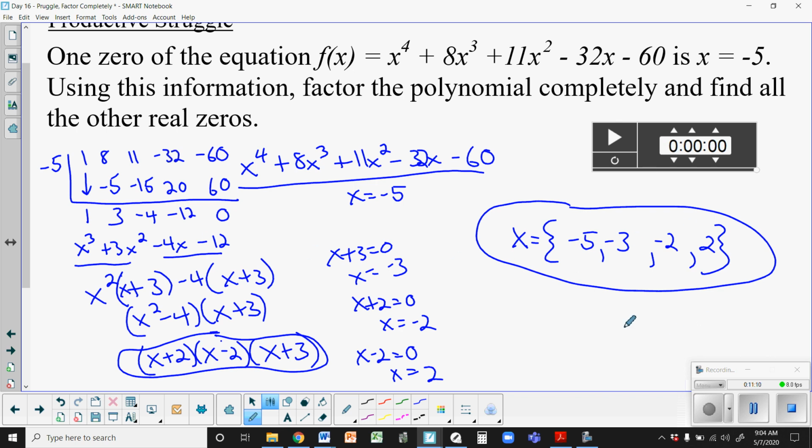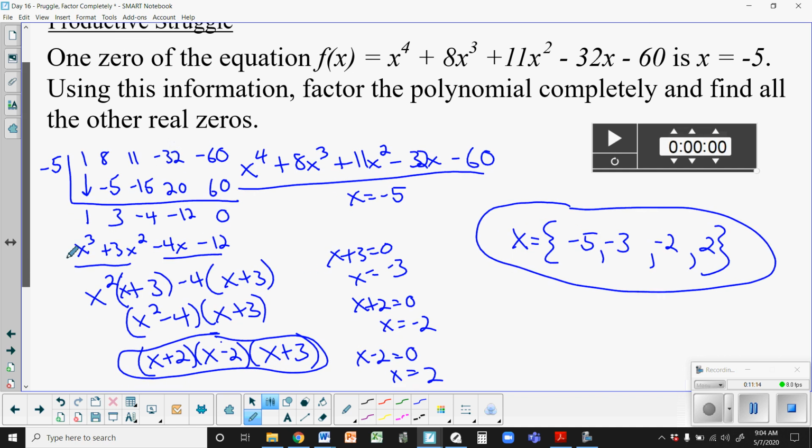So this is actually a way that we can solve things that we may not be able to factor. With 5 terms we couldn't factor, but since we were given the information that one zero was x equals -5, we can do synthetic division with that -5. And once we do that, then we can do factoring. So the steps that we did: we did synthetic division.